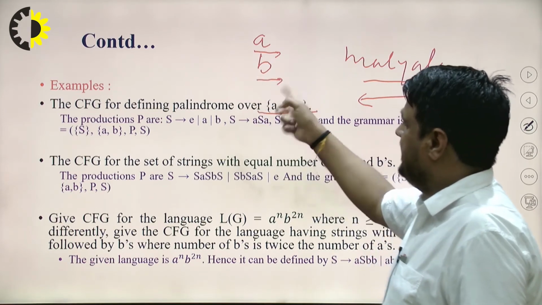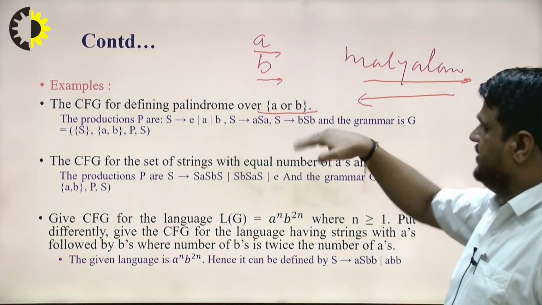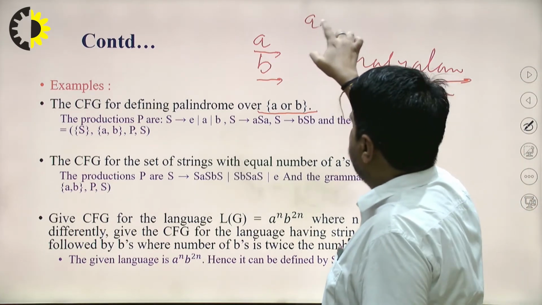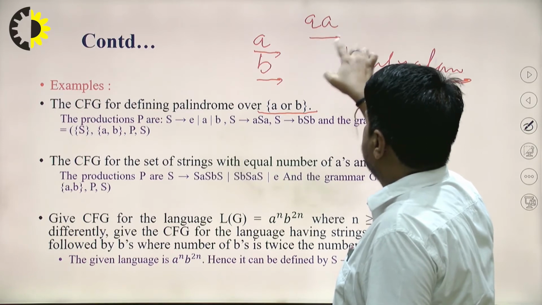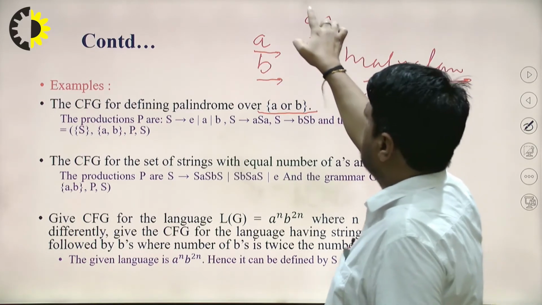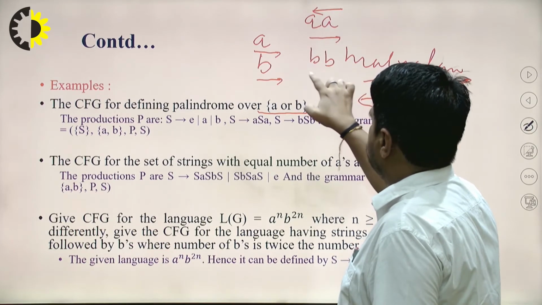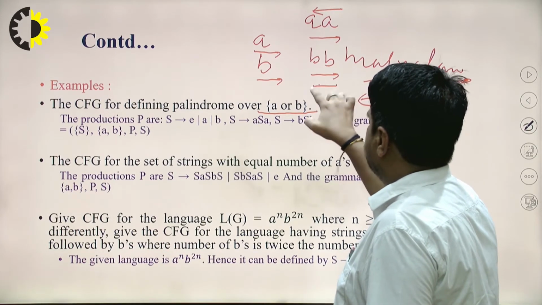Similarly for B. After that it is AA, and similarly BB, where the meaning is the same forward and backward.